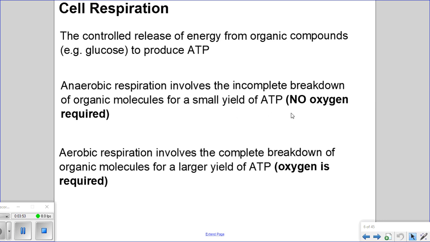In anaerobic respiration, there is no oxygen required. And in this form of cell respiration, only a small amount of ATP is generated. We'll have a closer look at that later on in the video. Aerobic respiration involves the complete breakdown of organic molecules for a larger yield of ATP. This is where oxygen is required.